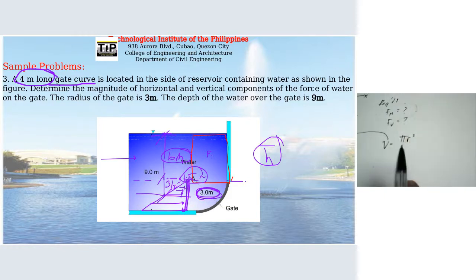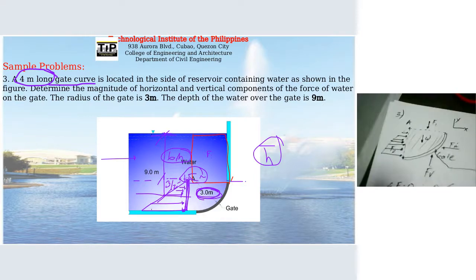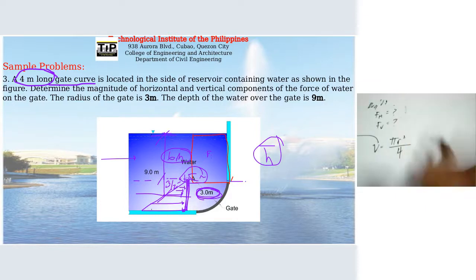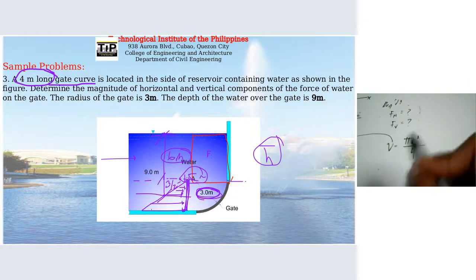Pi r squared is the area. Okay? Pi r squared is the area for a circle. Now, since this is a quarter circle, so we divide it by 4. Okay? So this is the area now for a quarter circle.